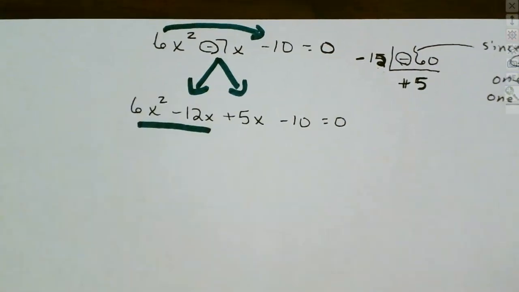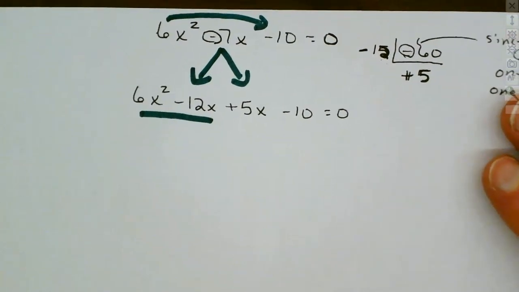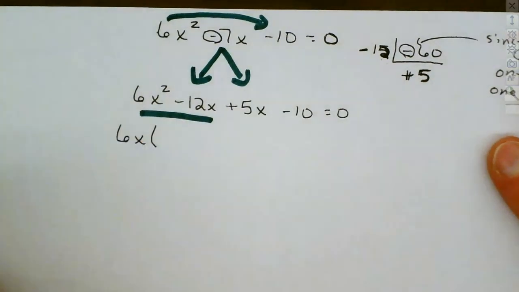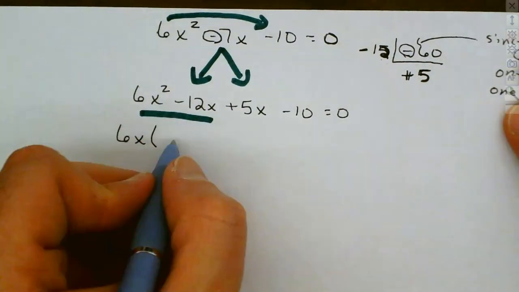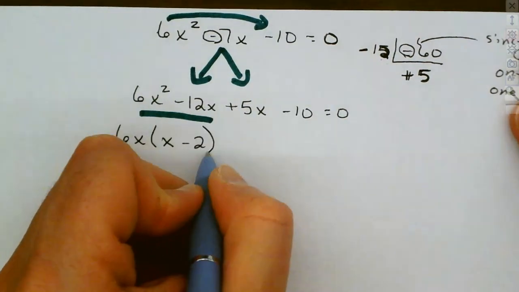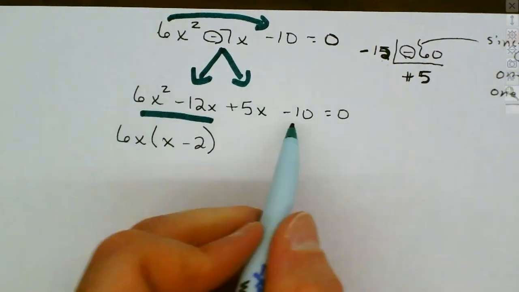What can come out of the first two pieces? Okay, 6x comes out. And when I take that 6x out, that leaves you now with an x minus 2, doesn't it? Now we look at the next two pieces.